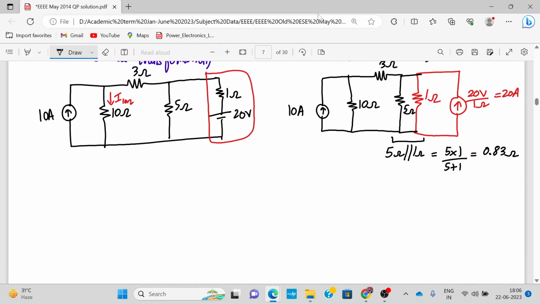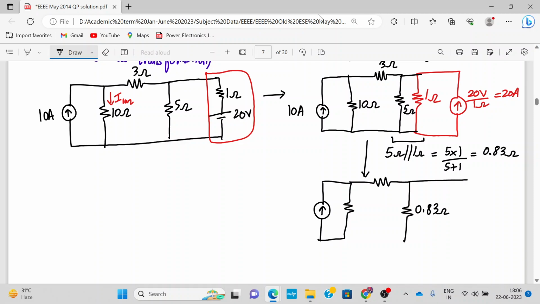So let me redraw the network now. This is from here. 0.83 ohms, and we have a current source of 20 amperes. This is 3 ohm, this is 10 ohm, and this is 10 ampere.